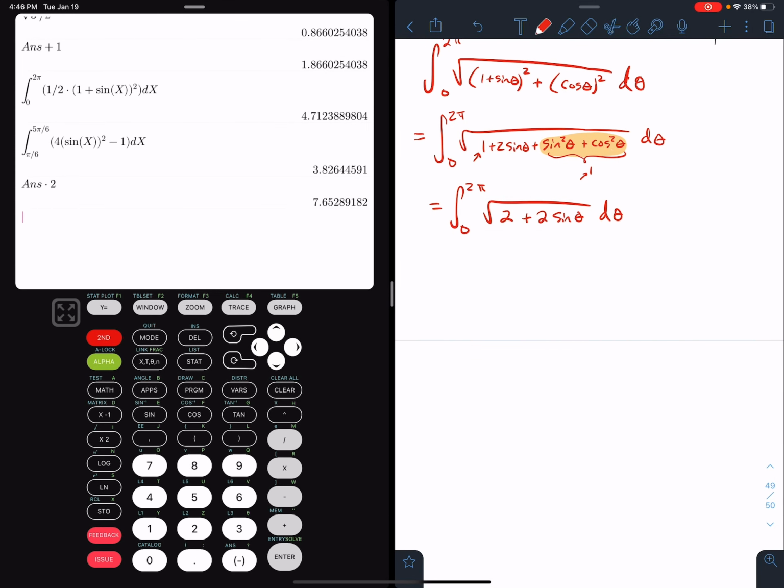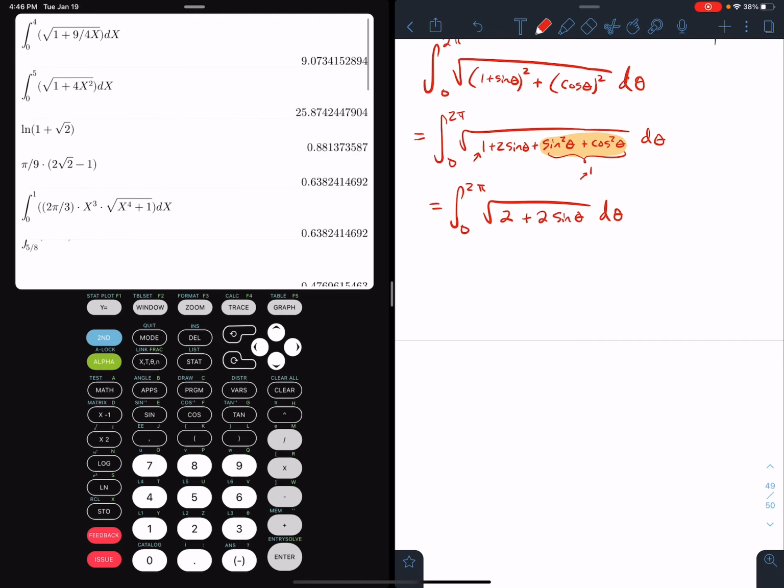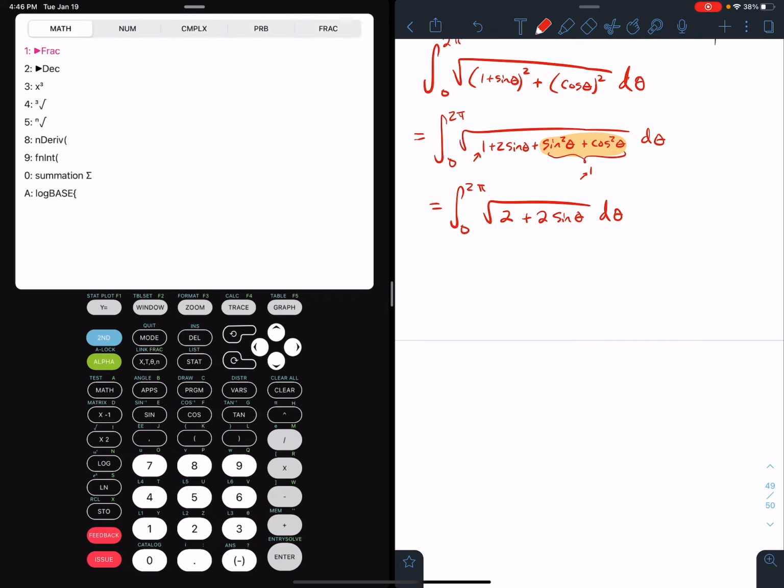So math 9, 0 to 2 pi. Oh my gosh, fat fingered that. Don't click the clear button, that stinks.